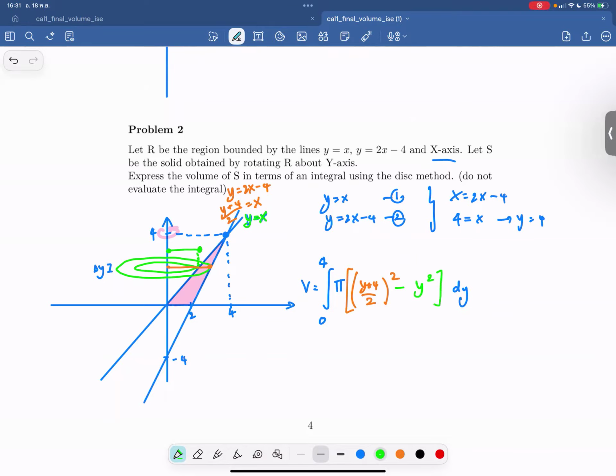Right. The orange one is the outer radius, which is this function. And the inner one over here is just this function y equal to x. So okay, and we are done because we don't have to evaluate the integral.